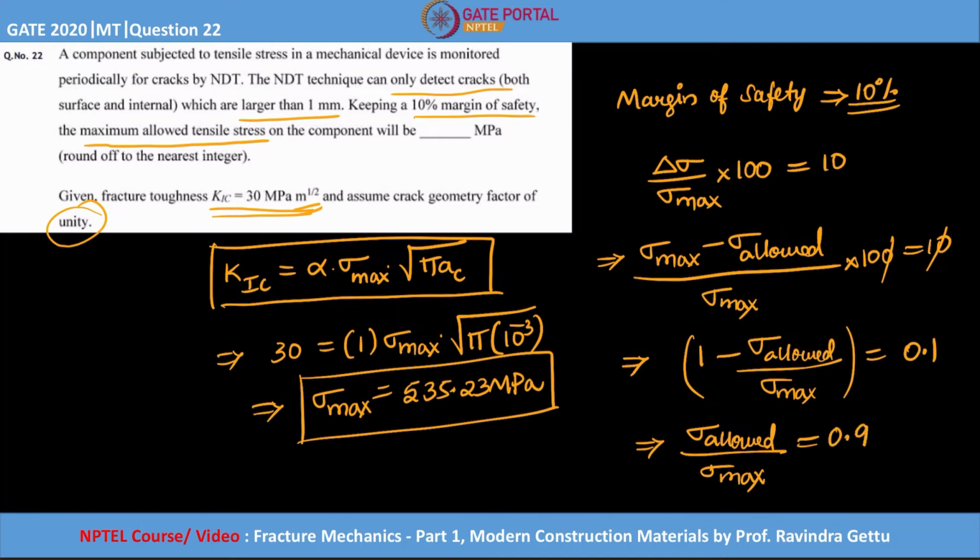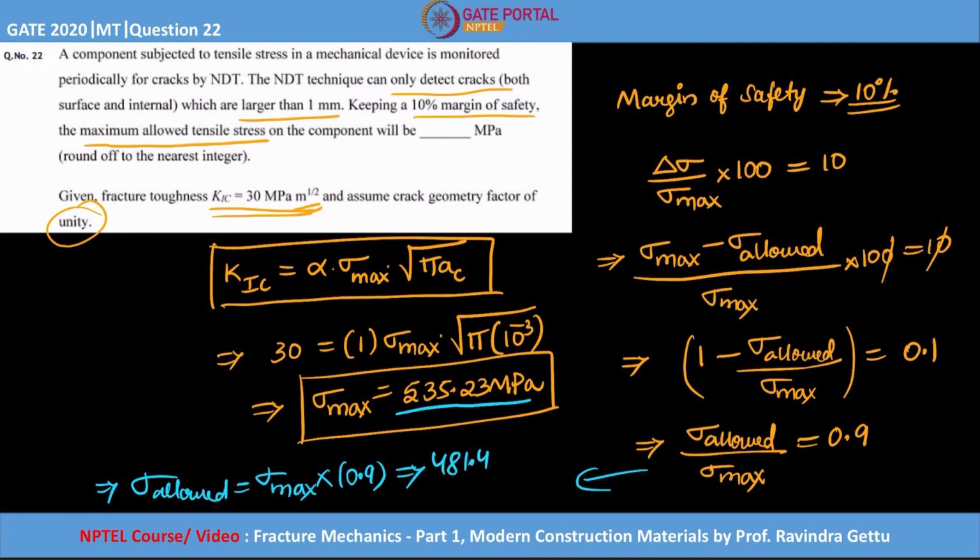Therefore, in the final step, sigma allowed is equal to sigma max into 0.9, that is 0.9 into the value that we got theoretically. So the answer would be 481.41 or 71 MPa.